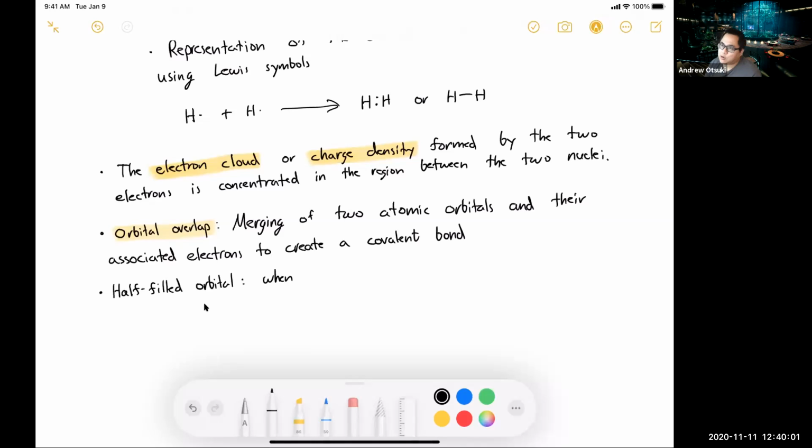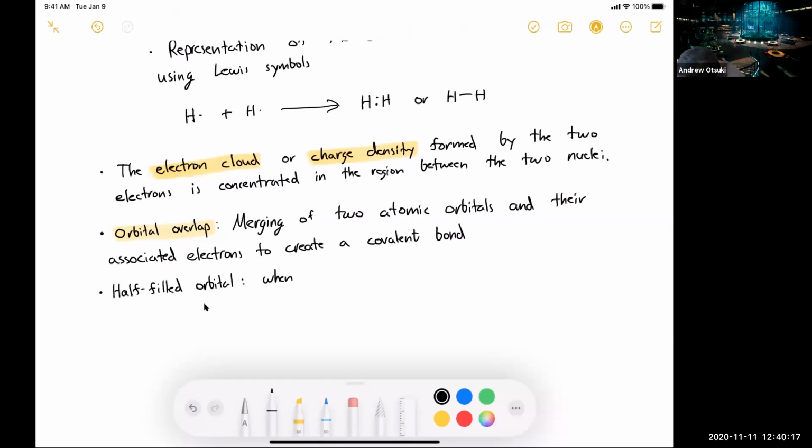If it's not singly occupied, no covalent bonds can take place, because there's no space to accommodate an extra electron from another atom to form a bond. So it has to be half filled.